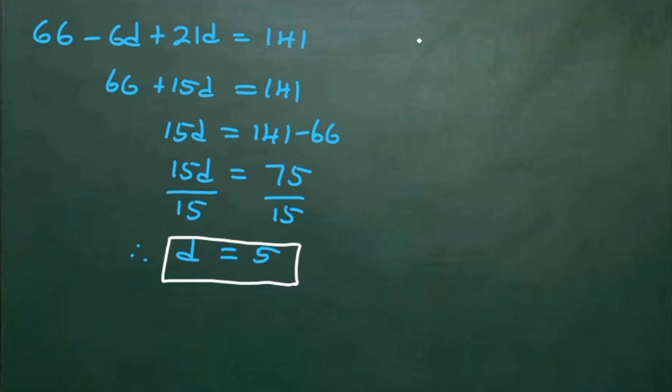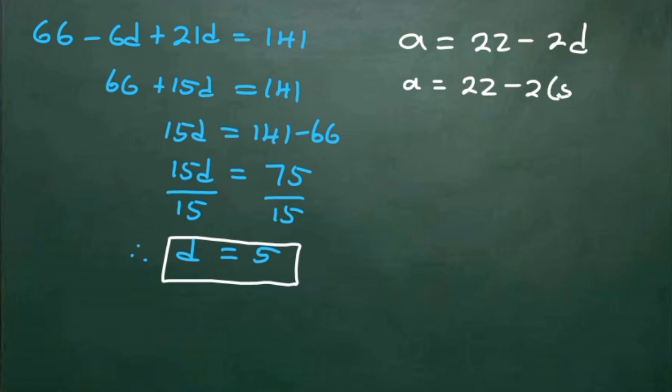So we have the first term a equals 22 minus 2d. And d here is given to be 5, so that will be 22 minus 2 into bracket 5, and a will give us 22 minus 10. 22 minus 10 will give us 12.